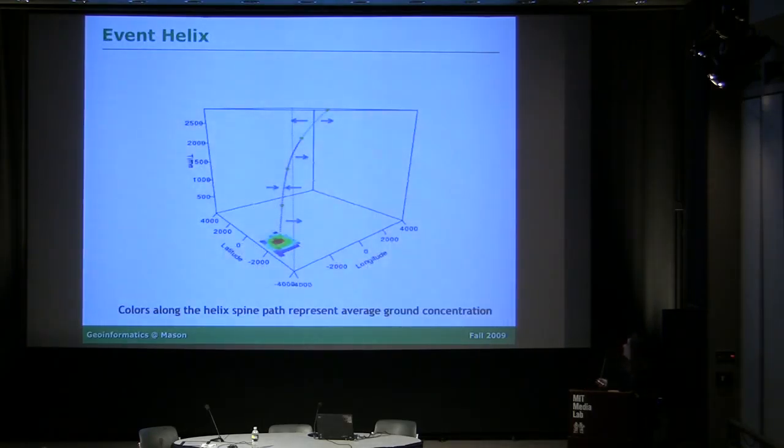Now, the event helix in this particular situation has been extended to include not only the nodes and the prongs here, but also with color, which you cannot see very clearly here, it looks better on my monitor, represent the ground concentration and how this has been changing over time.